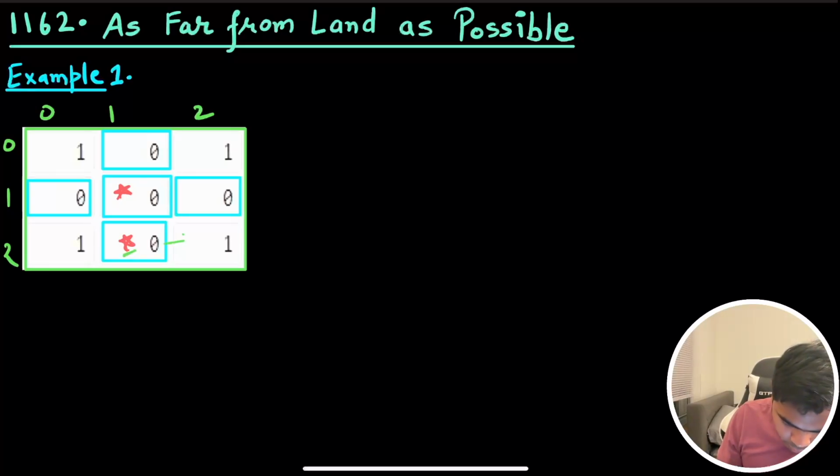There is one right here, there is one right here, and maybe one right here. But this is 1, 2, 3 distance away, and this is just 1 distance away. So this zero's distance to the nearest one is 1, right? This is 1.